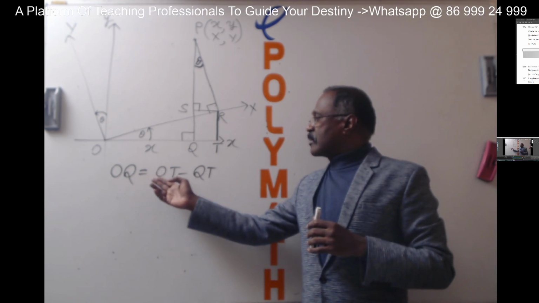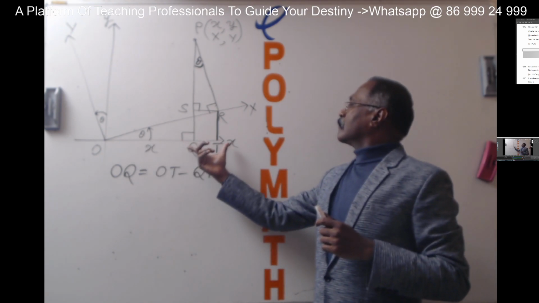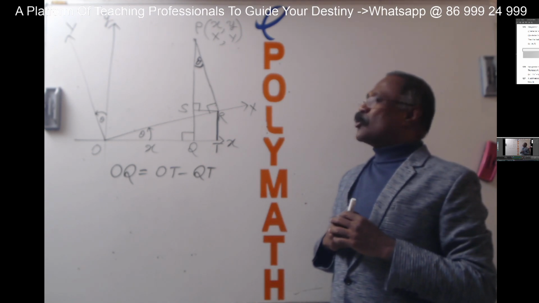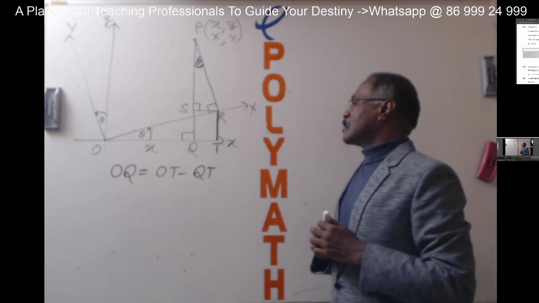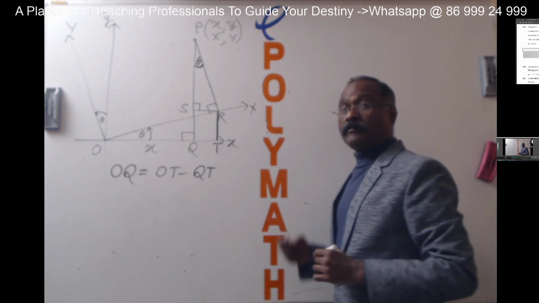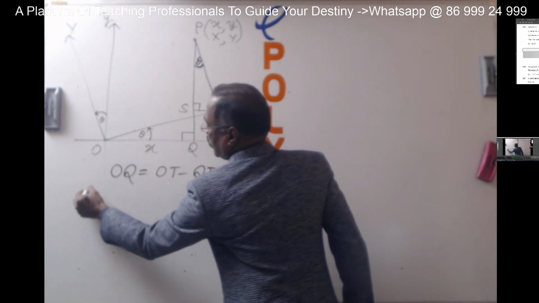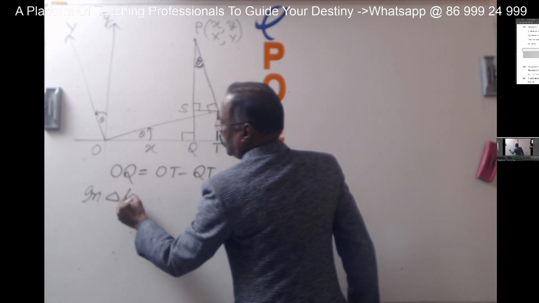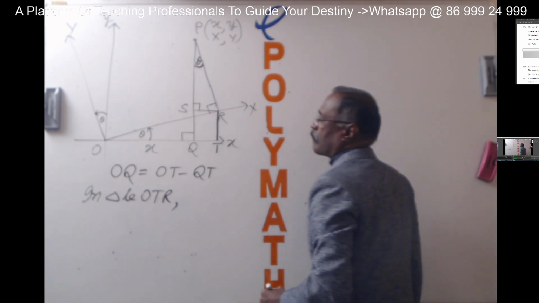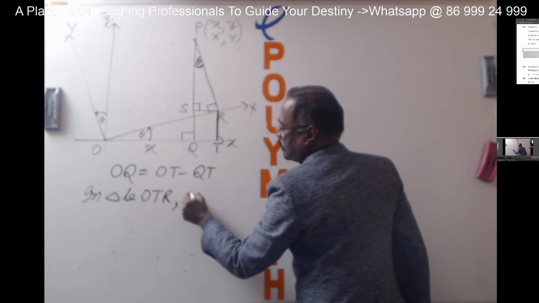OQ is equal to OT minus QT. This is OT totally, and this is QT. Let me write OT now. In triangle OTR, I'm interested in OT, which is the adjacent side.